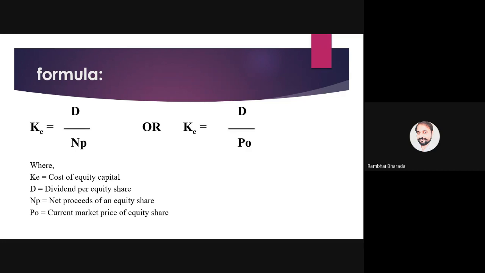How to calculate net proceeds, that I will again explain to you. Or else Ke is equal to D divided by P0. Sorry, it's P0, not O. P0 means current market price. Formulas are done. Very simple. Ke is equal to D divided by NP, or Ke is equal to D divided by P0.